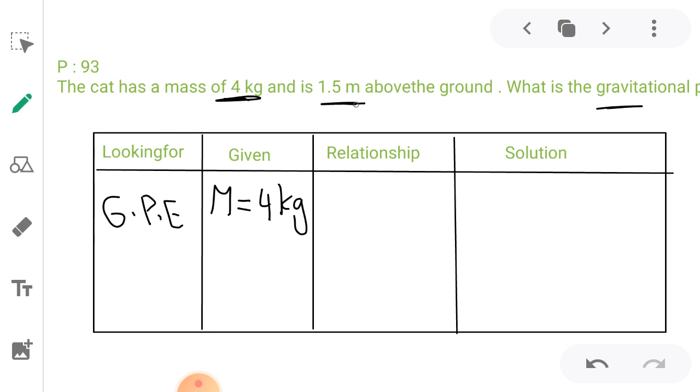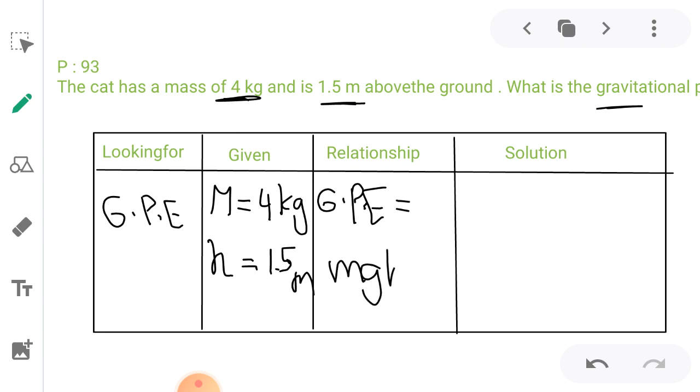And 1.5 meters above the ground, this is the h, height, 1.5 meters. The relationship: gravitational potential energy equals, you have to memorize the relationship, mgh.